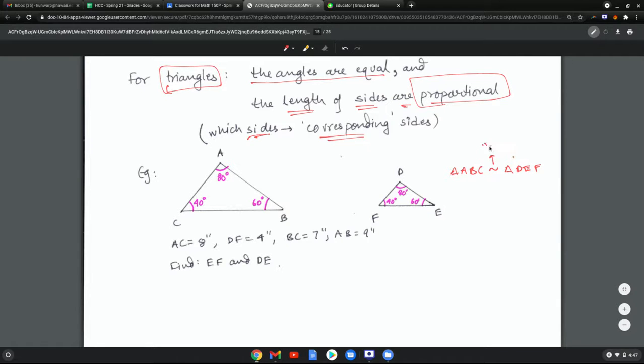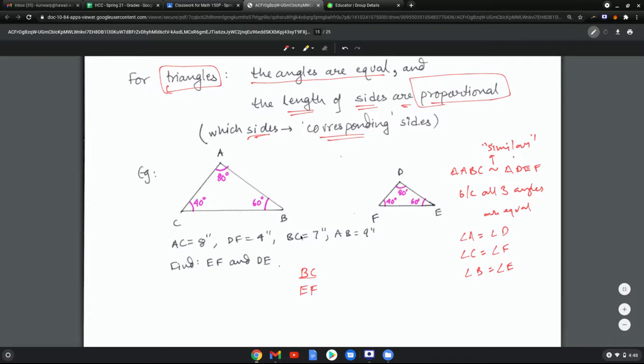This symbol here stands for similar because all three angles are equal, right? Namely, angle A equals angle D, angle C equals angle F, and angle B equals angle E. Which means that the corresponding side, so BC corresponds to EF.